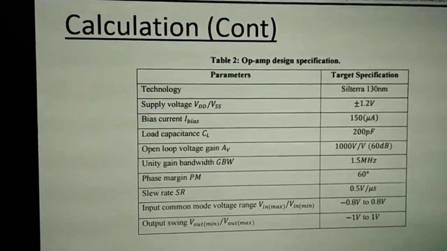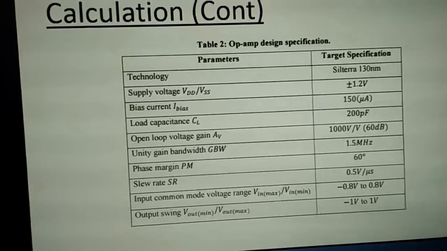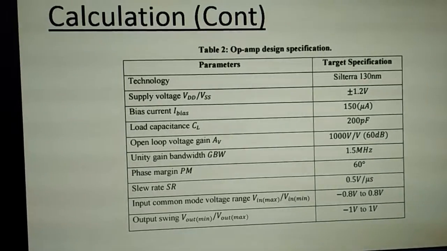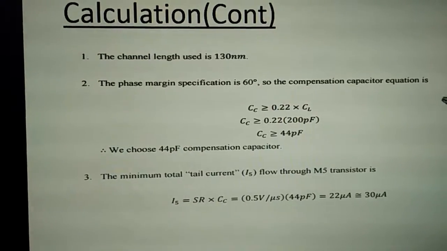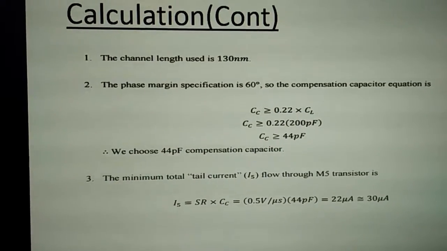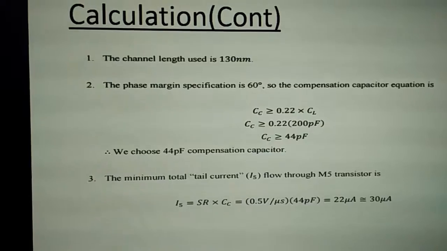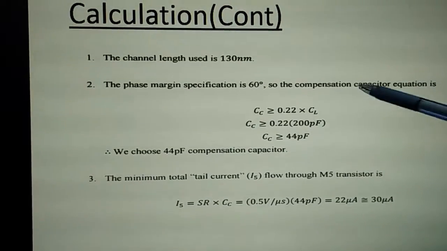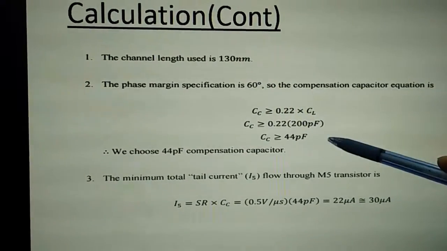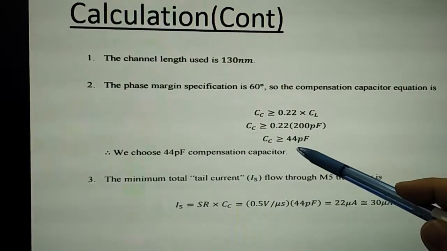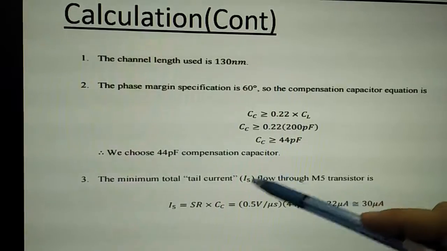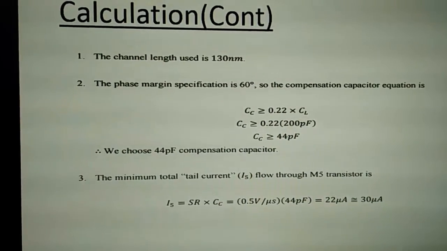So next we are going to design the aspect ratio for each transistor. As you can see, the phase margin specification is 60 degrees, and the compensation capacitor we can get from this equation, and finally we get a 44 picofarad compensation capacitor.